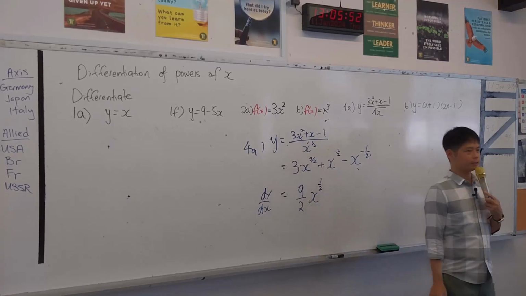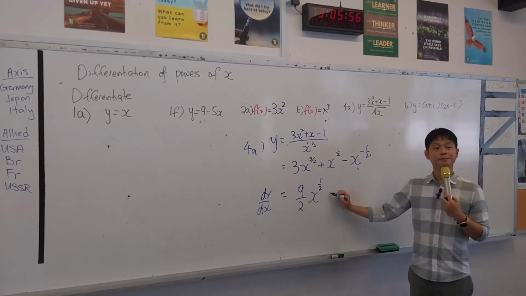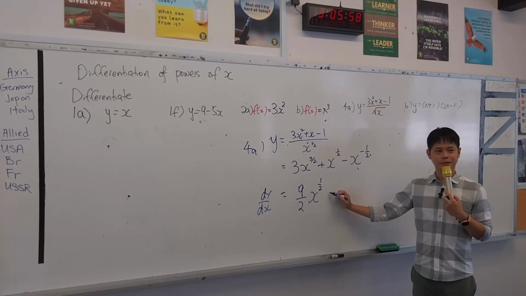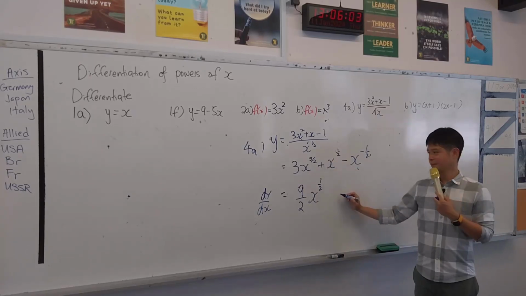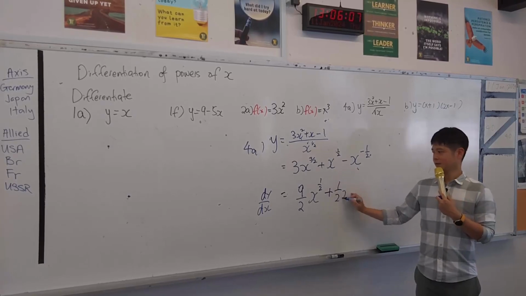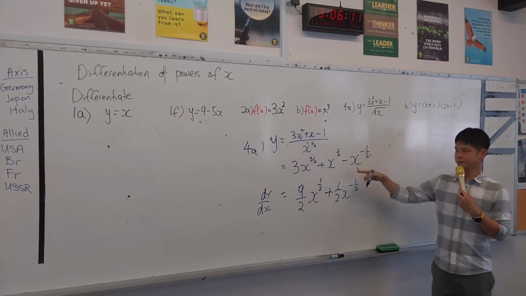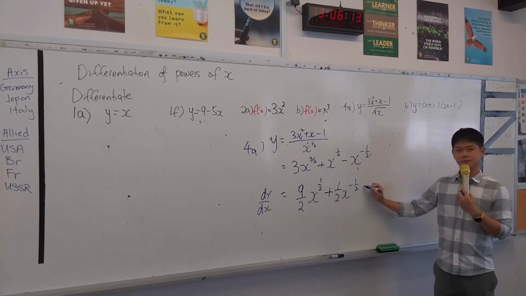Very good. Next, Jimmy. Bring down the power. No need for calculator. This one, bring down the power. Half x. Plus or minus? Oh, negative half. Okay, finally, Jali. Plus or minus?